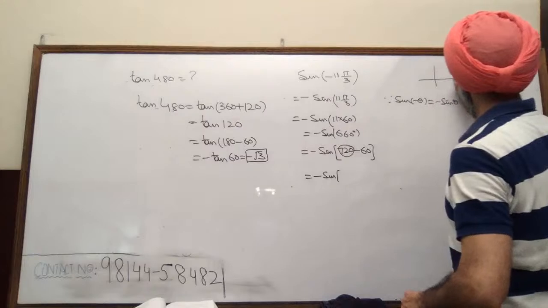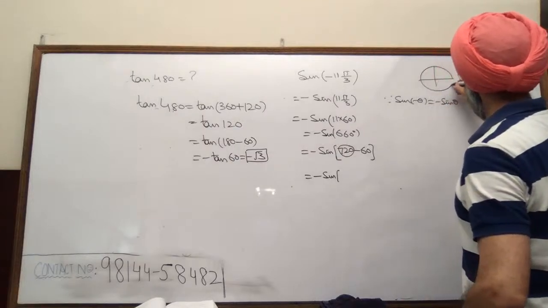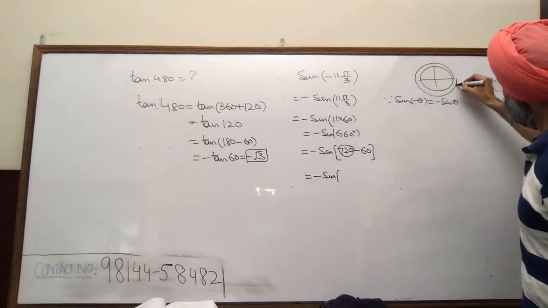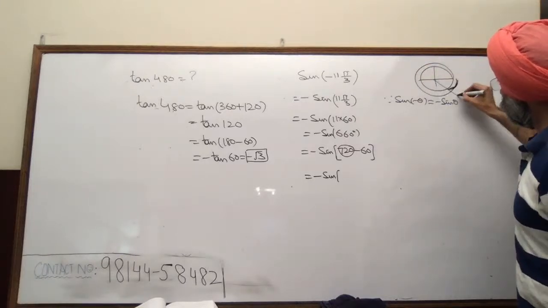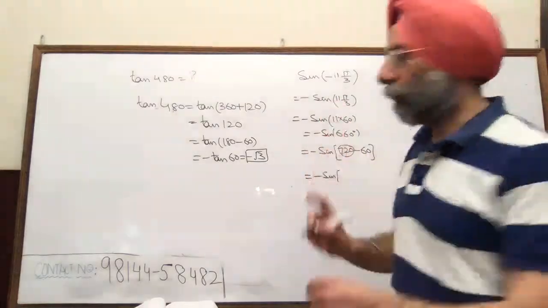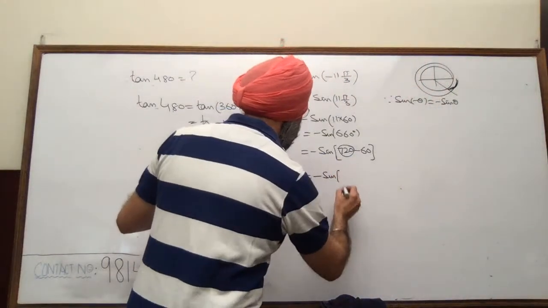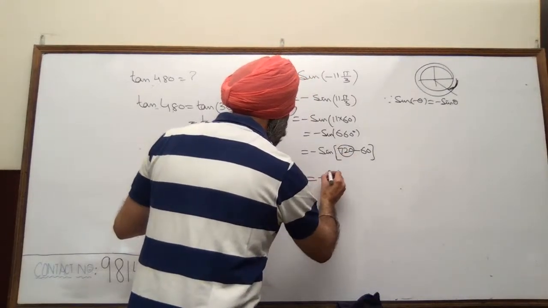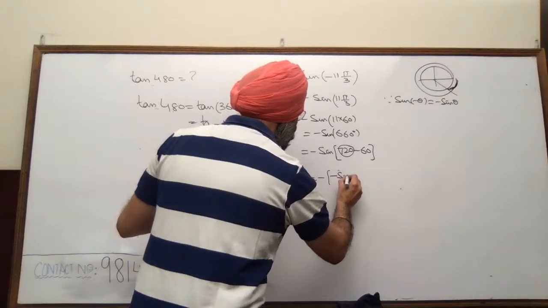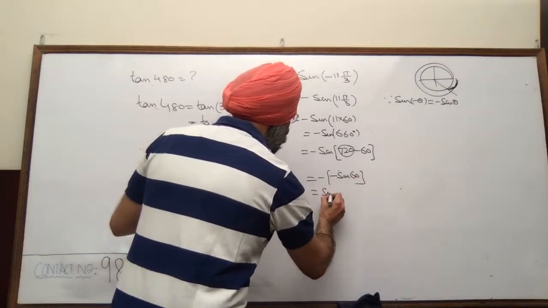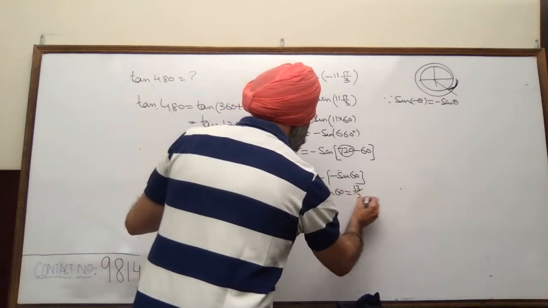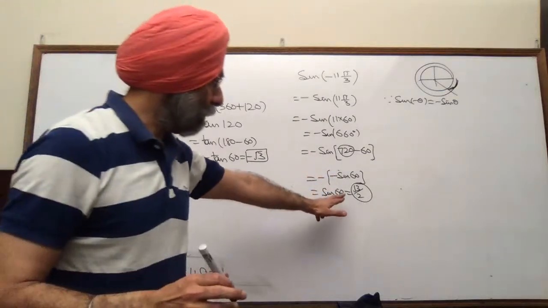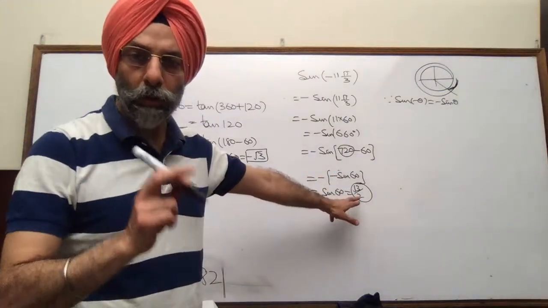So you can see here, one complete rotation 360, other complete rotation 720 minus 60. So that means it will fall in the fourth quadrant. So that means minus sine of, since I have already explained this, I can straightaway write down the answer. It is minus of minus sine 60, which is your sine 60, which is your root 3 by 2 here. So this is your answer. You can see here it is positive root 3 by 2.